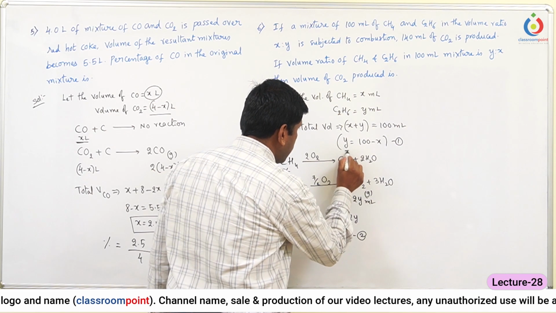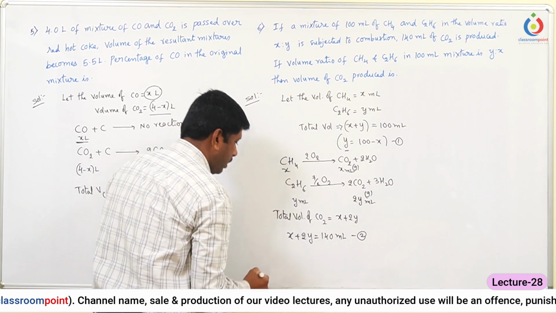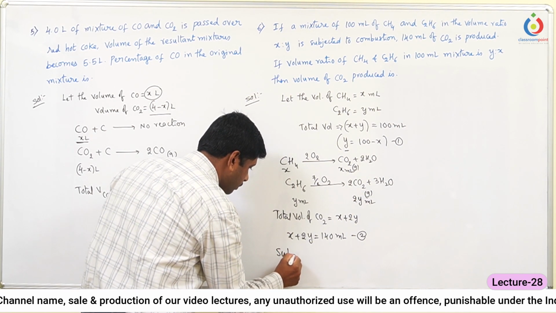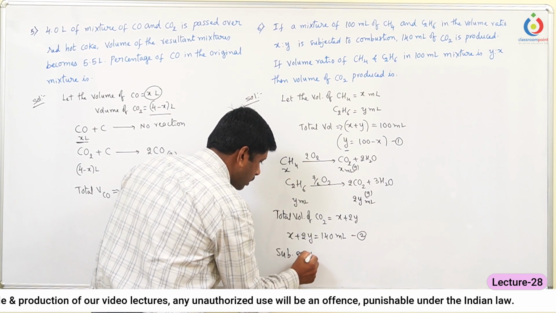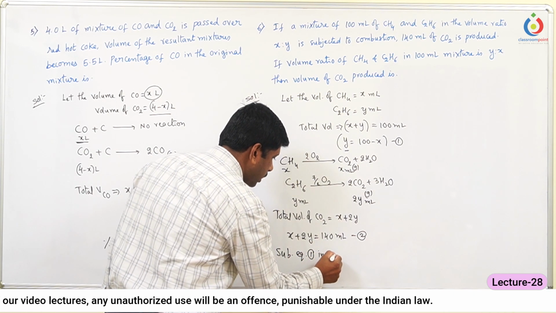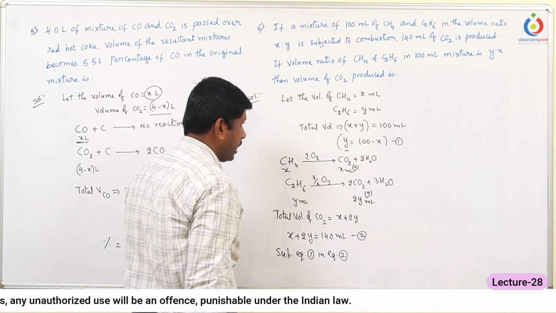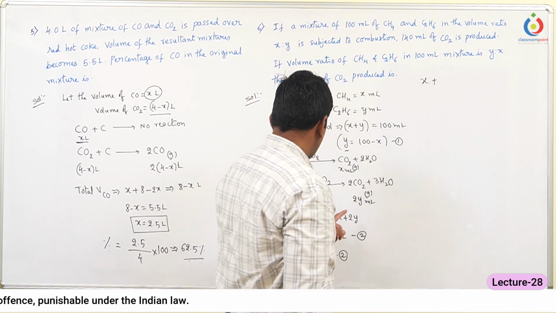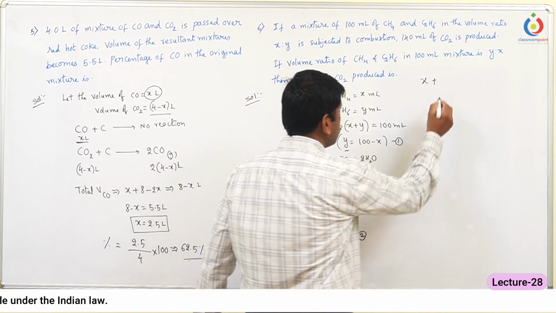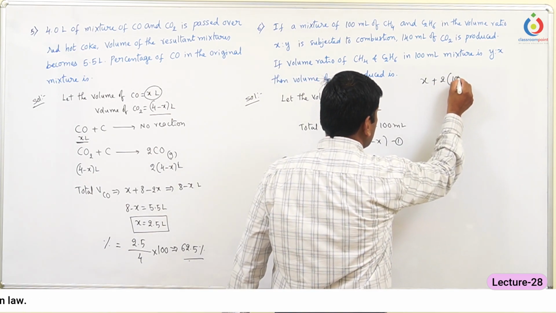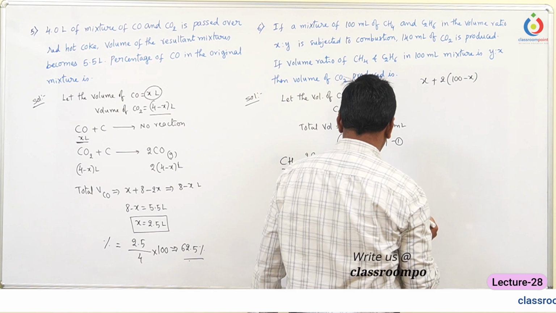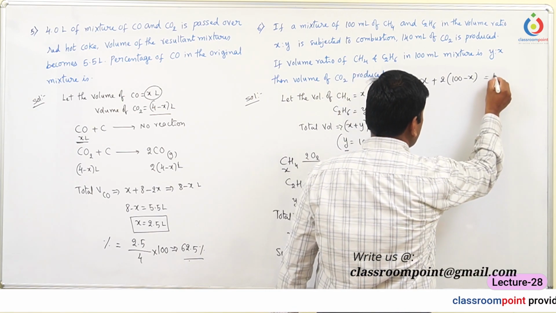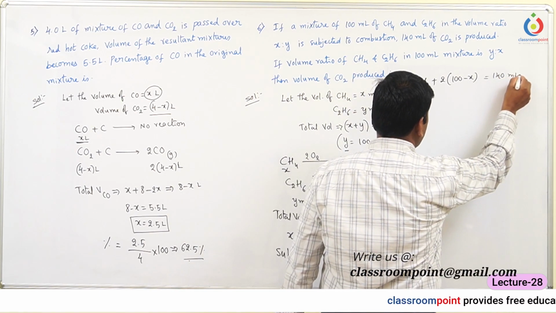Already we got the Y value, so substitute equation 1 in equation 2. We get X plus 2 into (100 minus X) equals 140 ml.